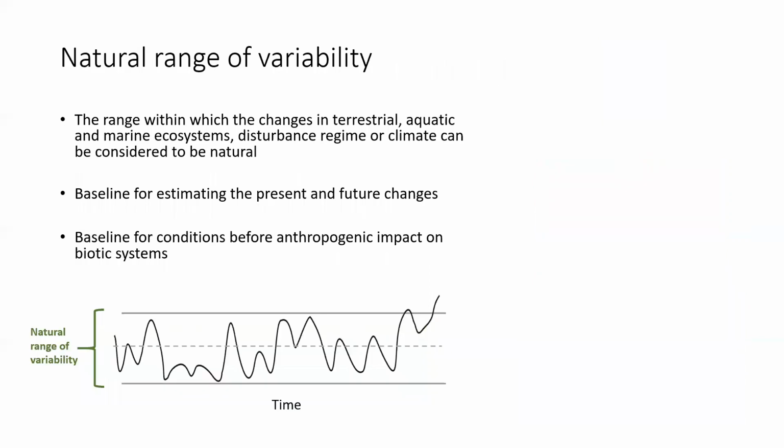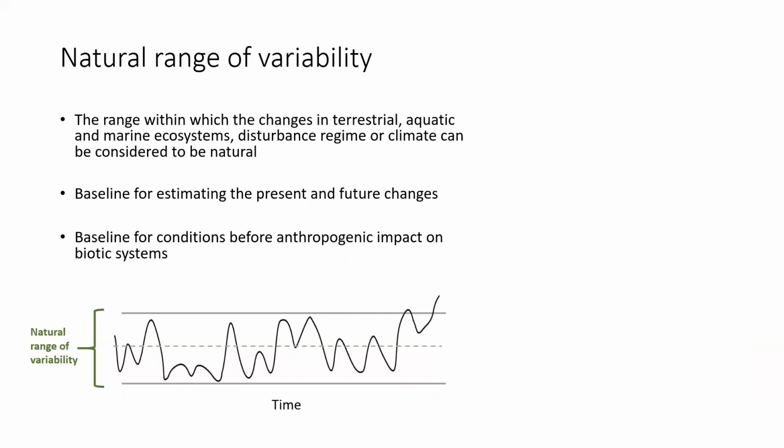Well, then why would we actually want to look into the past? Why is it important to know this kind of long-term changes, and why would we like to find out this kind of phenomenon?